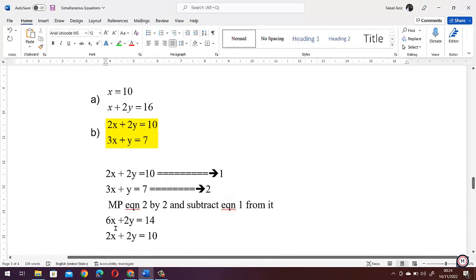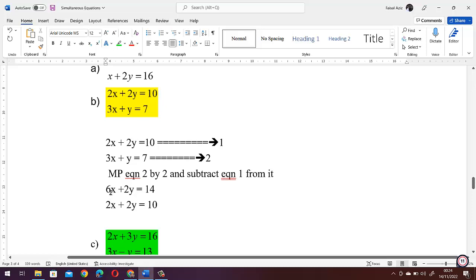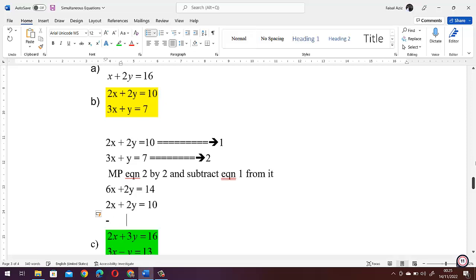Whenever we subtract, you can see that in both the equations all the variables are positive. So when we subtract, we need to change the sign of the equation being subtracted. This 2x is plus, so it will become minus, this 2y is plus, so it will become minus, and this 10 is plus, so it will become minus.